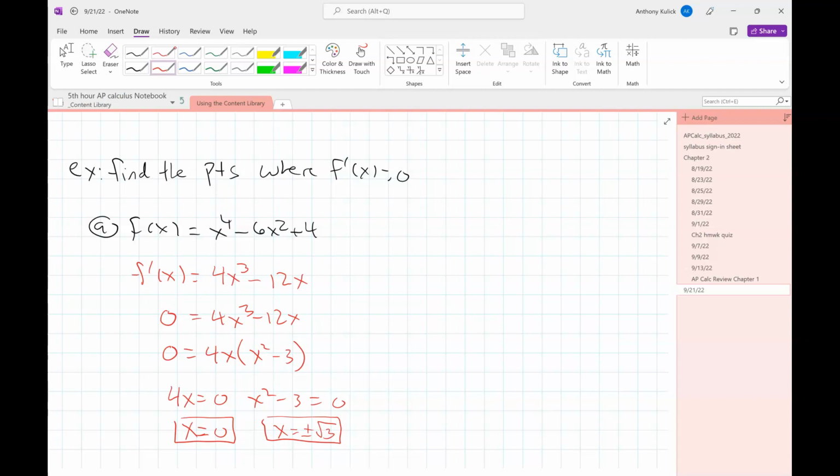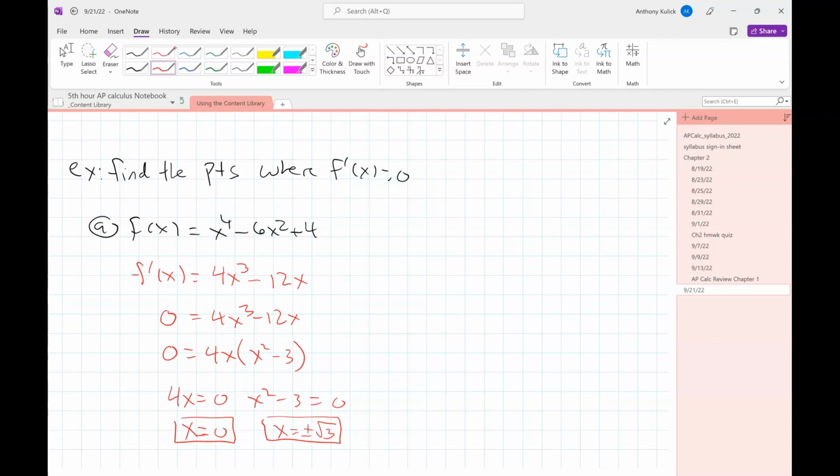Where should I be plugging the x's into? F or f prime? To the function or the derivative? The function. If I want the points where the derivative is 0, I'm plugging the x's back into the function to find the extrema, right?